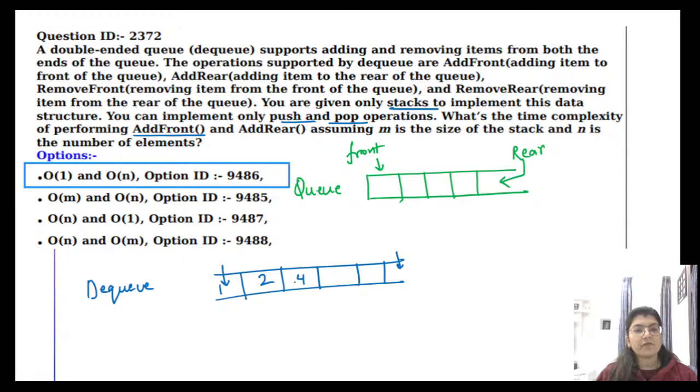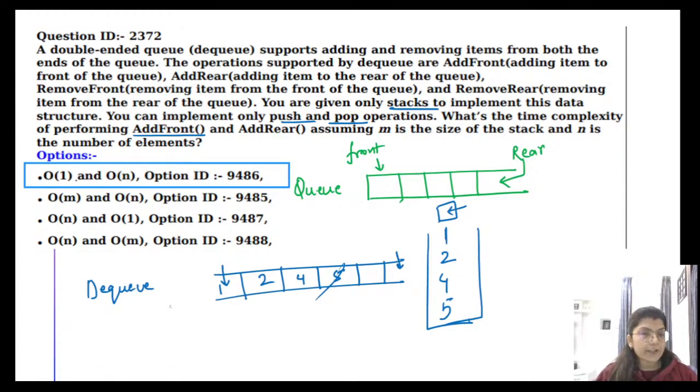Suppose this is my front, 1 2 4 5. I have a stack. What I'll do, 5 will come over here, 4 will come over here, 2 will come over here, 1 will come over here. I have to insert something above 1. So where will it come? It will come here. So how much time will it take? It will take order of 1 time. Clear?